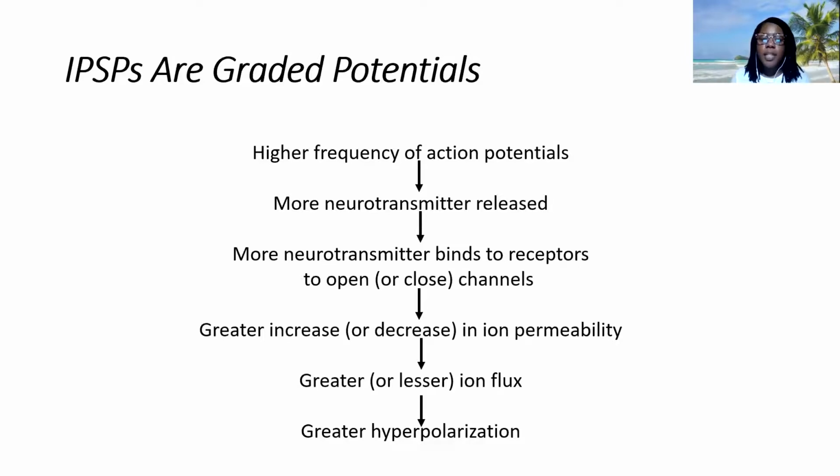When that neurotransmitter is released, it's going to cross the junction, bind to the respective receptors, which may open or close. So again, here we want to be thinking about the action, but what would happen if we close that channel as well? So an IPSP could be brought about by opening up what type of channel? What type of channel did we say we would open in order to generate an IPSP?